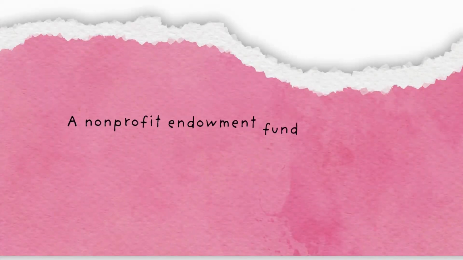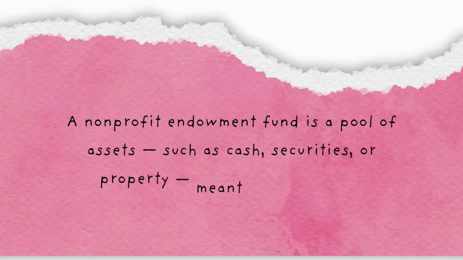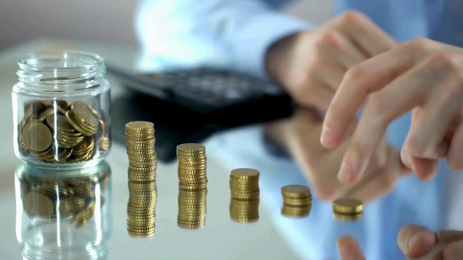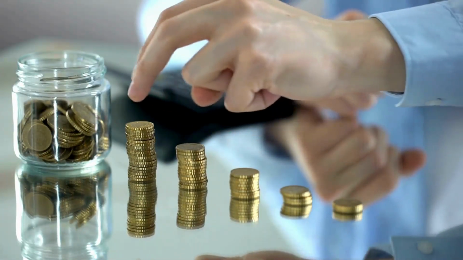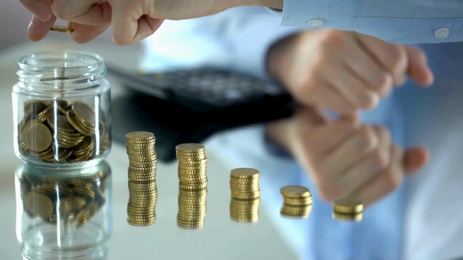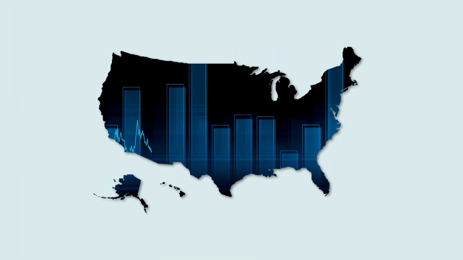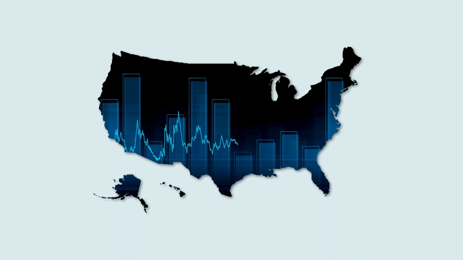What is an endowment fund? A nonprofit endowment fund is a pool of assets, such as cash, securities, or property, meant to be invested permanently. Earnings from these investments support a nonprofit's programs, operations, or future initiatives, providing stability in unpredictable times.